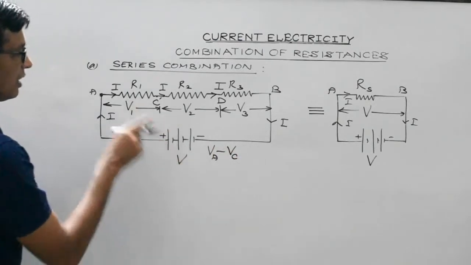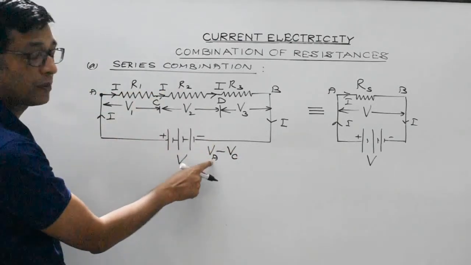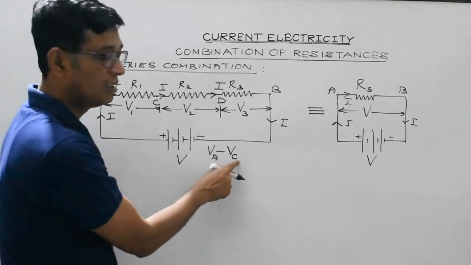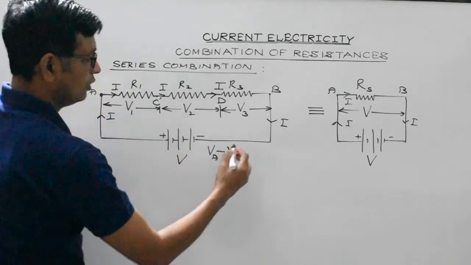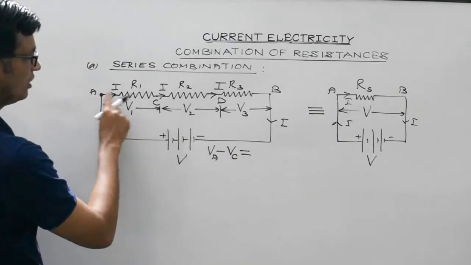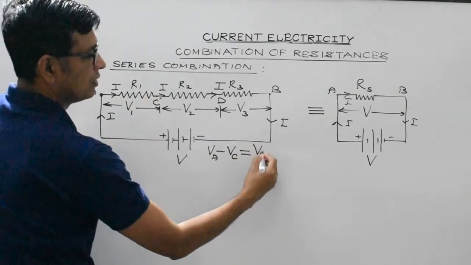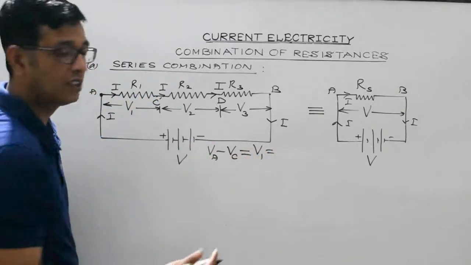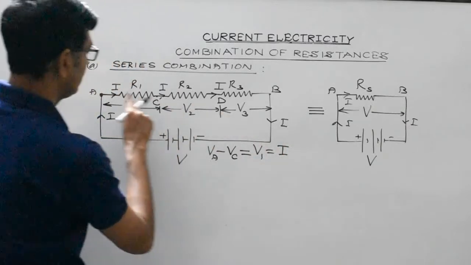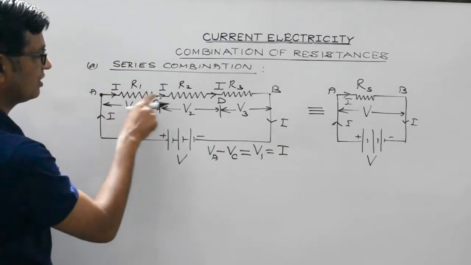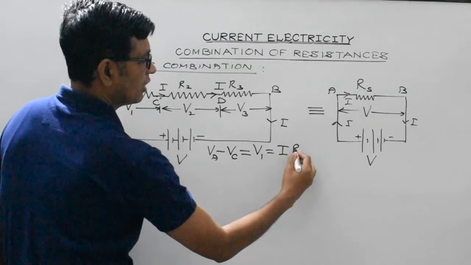I told you earlier, current is flowing from A to C. So the potential at point A must be higher than the potential at point C. So the potential difference between the points A and C is considered to be V1, which as per Ohm's law is the current, which is I, times the resistance provided by this section of the conductor, which is R1.